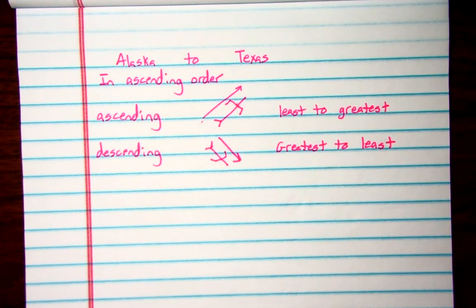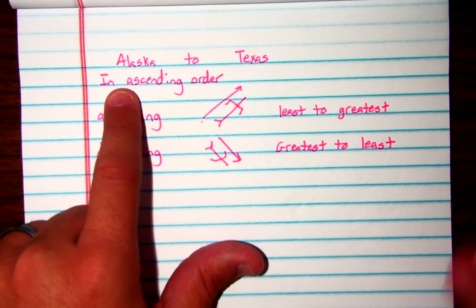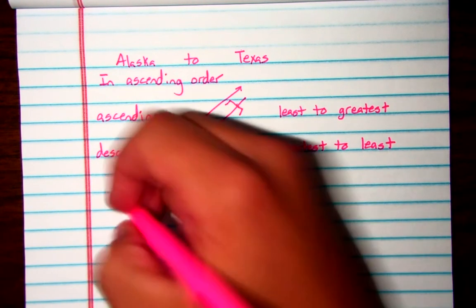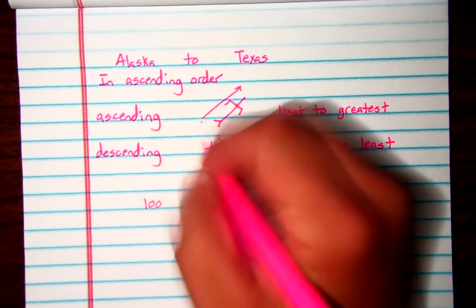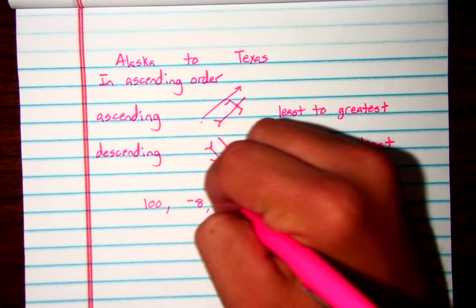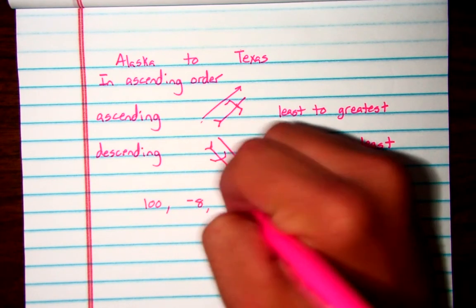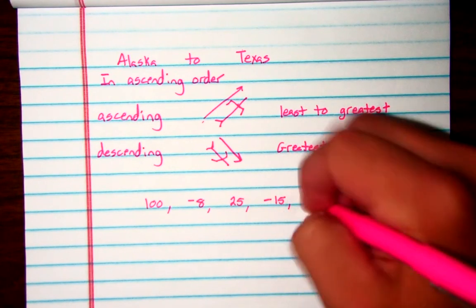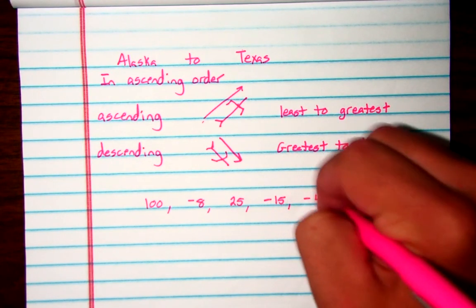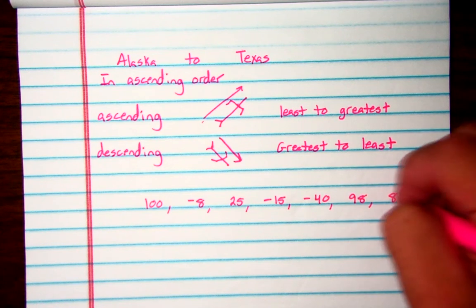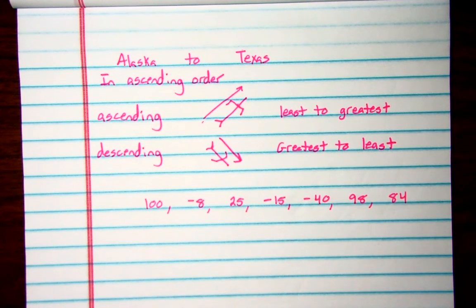All right, so I'm going to put my numbers in ascending order. So here are some of the numbers I have. Okay, all right, so let's create our number line.